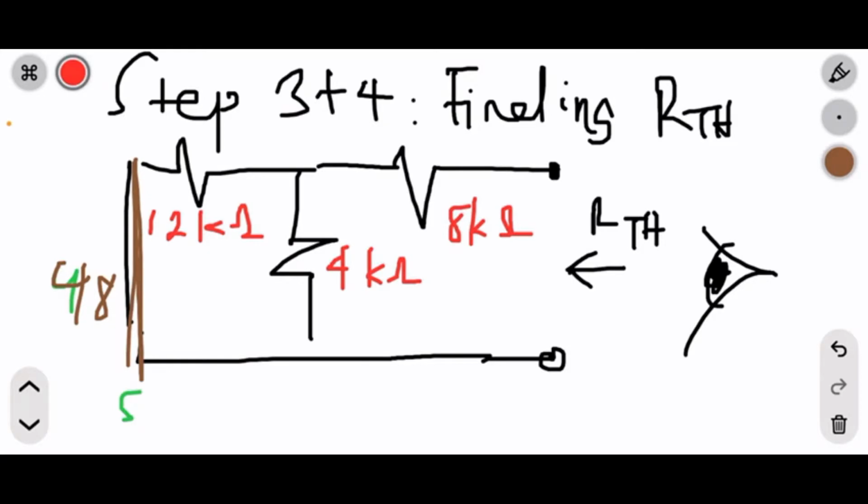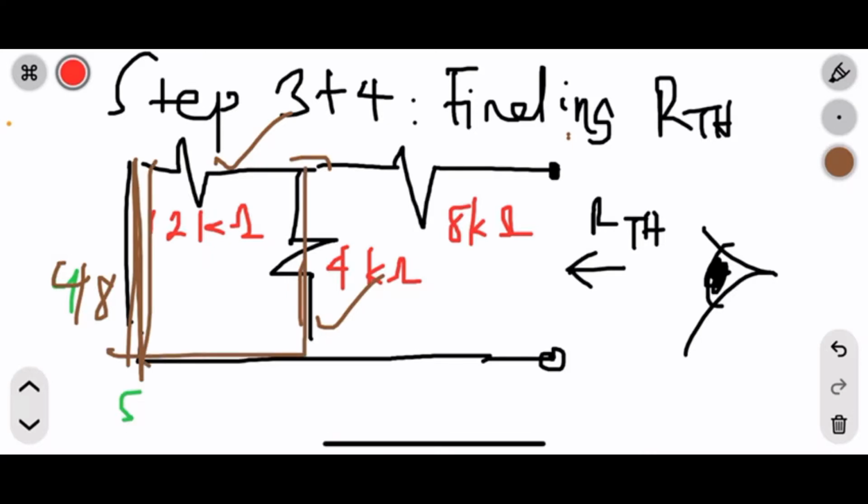You get me? And after that, we open circuit the load resistor and look through from there. You understand? From looking through it, you'll see that now 12 kilo ohm and 4 kilo ohm are in parallel, because we can traverse across those two resistors without coming into contact with any other resistor.